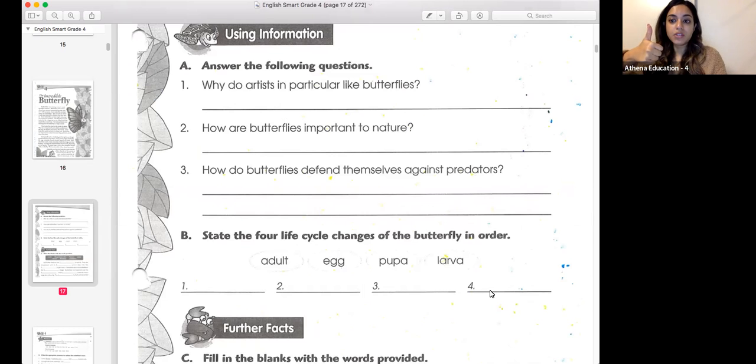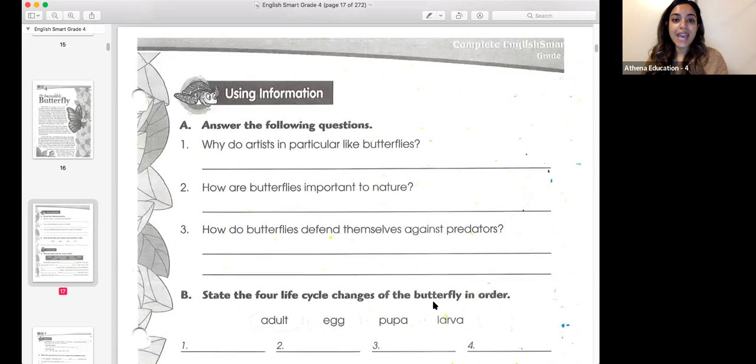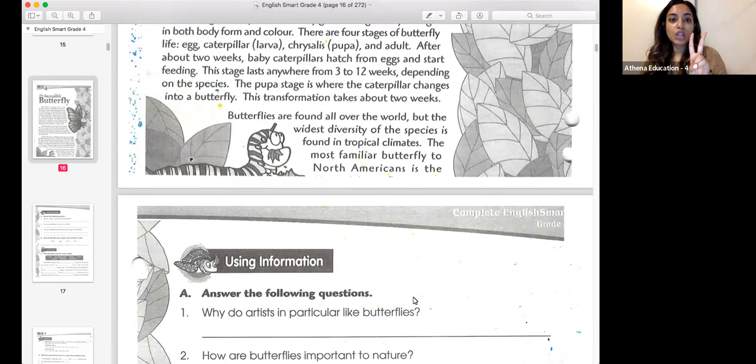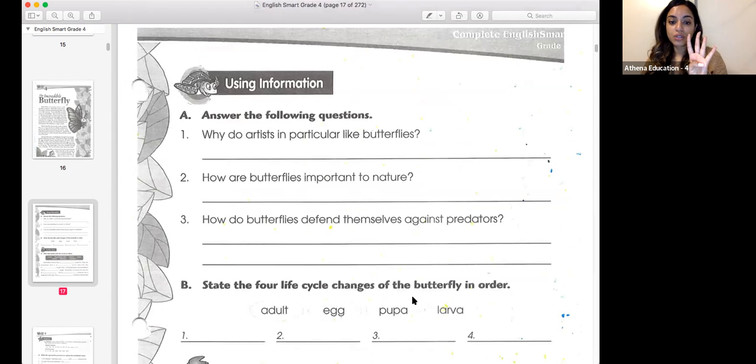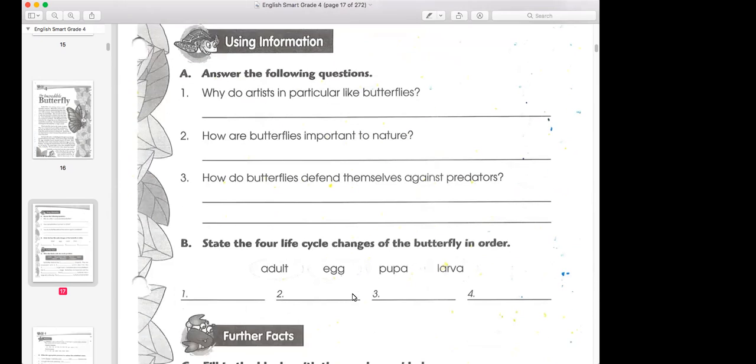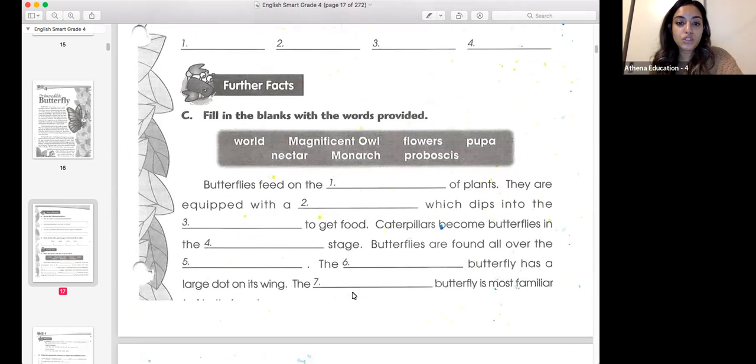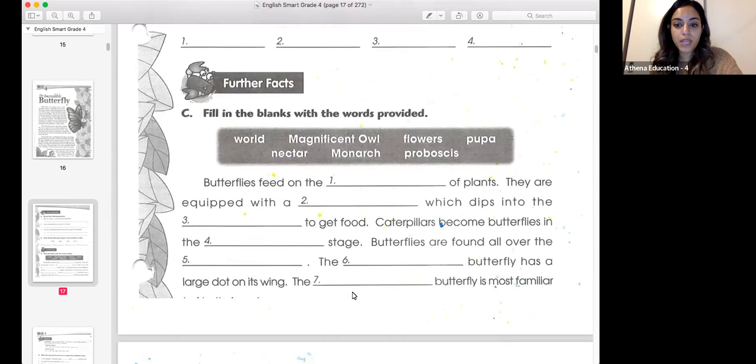So first is egg, second is larva, third is pupa, and the fourth is adult, right? Did everyone get that? Xingman, did you get that answer as well? Yes. Okay, good. Daniel, did you get that as well? Yes. Okay, perfect.